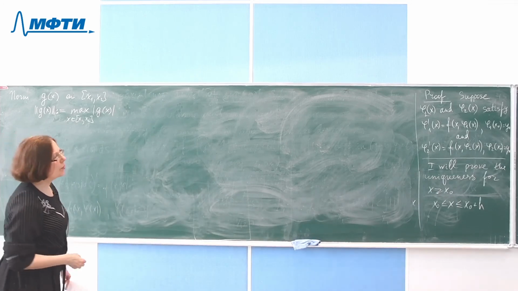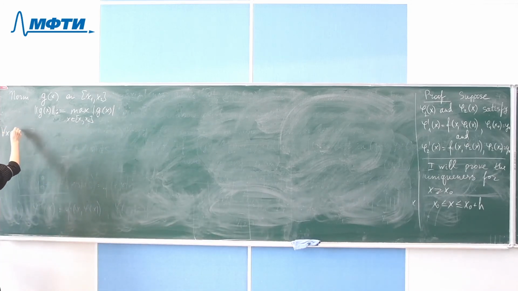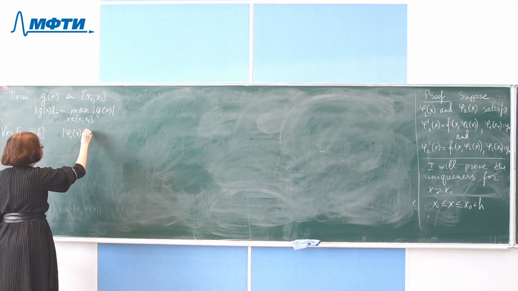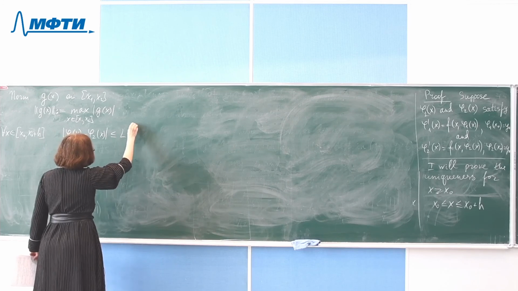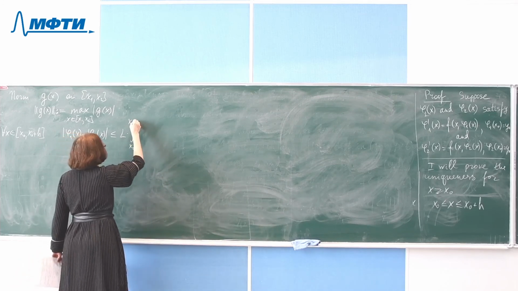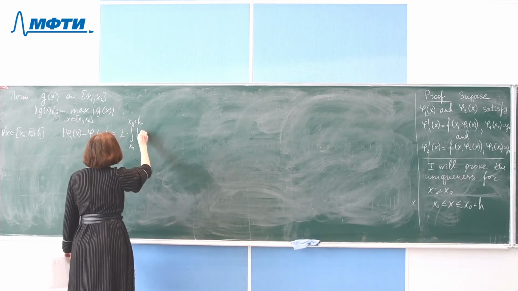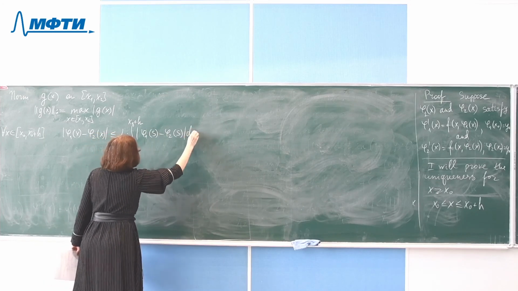Okay, so now we have the following inequality: for any x from x0 to x0 plus h, the absolute value of phi1 of x minus phi2 of x is less than or equal to L, this is the constant, times the integral from x0 to x0 plus h of the absolute value of phi1 of s minus phi2 of s ds.